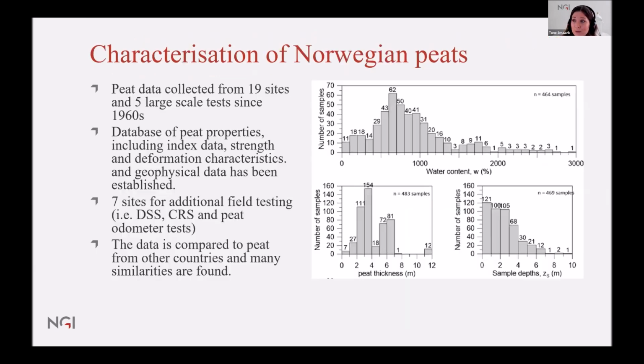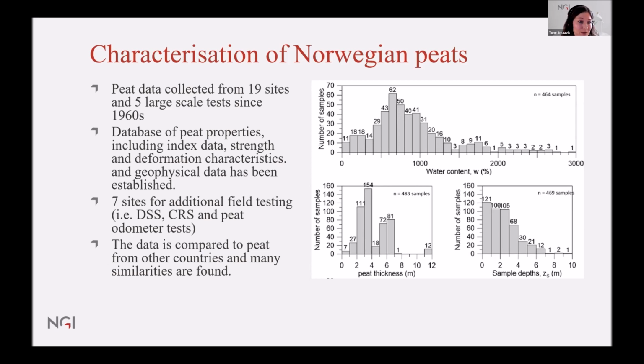And the design of this was actually enabled by some previous work carried out by colleagues, where they had done quite a significant job creating a database on the characterization of Norwegian peats. So they collected a lot of data from different sites and from projects across the years.